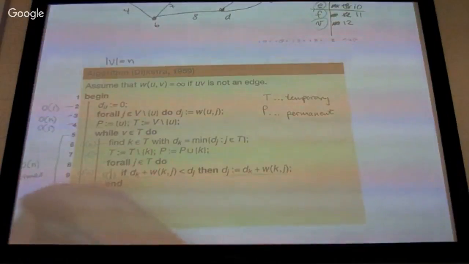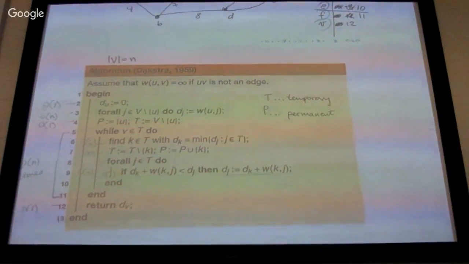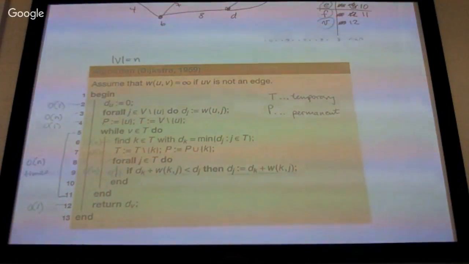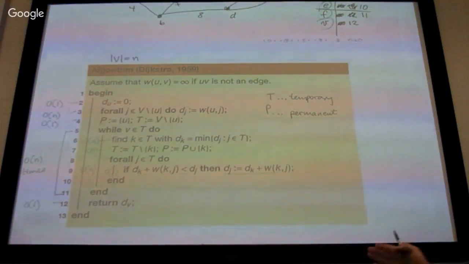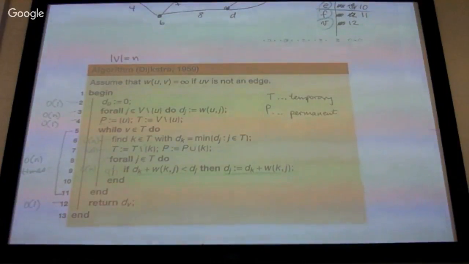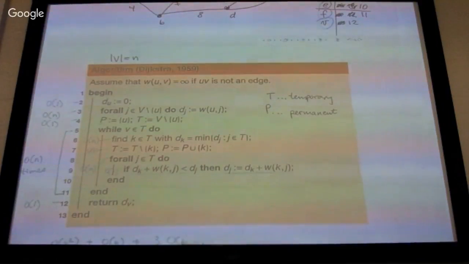This is O of 1 as well. I'm just looking at one place in the memory, so that doesn't depend on how many things I have in the table. So what do we have? It's kind of n times, so this would be O of n squared plus O of n plus 3 times O of 1.